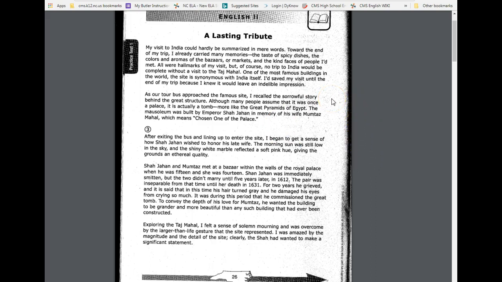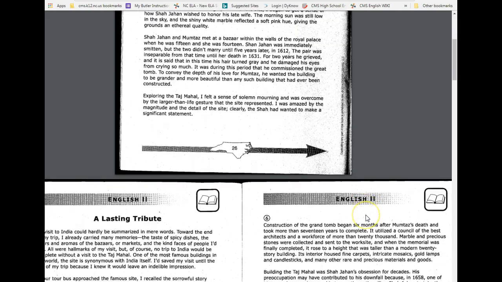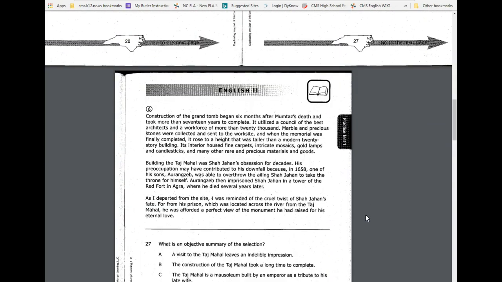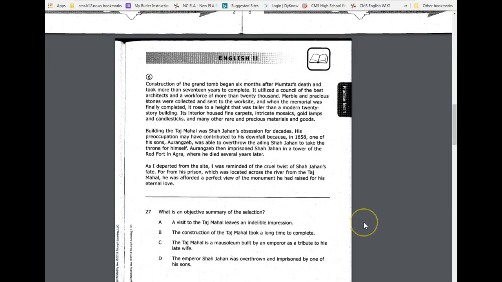The narrator is telling us that he or she went to India and that exploring the Taj Mahal left a real impression on this narrator. Okay, so that's the first page. I'm going to scroll down. Here is the second page of this passage. I want you to go ahead and hit pause again and read the rest of the passage. Hit pause now.